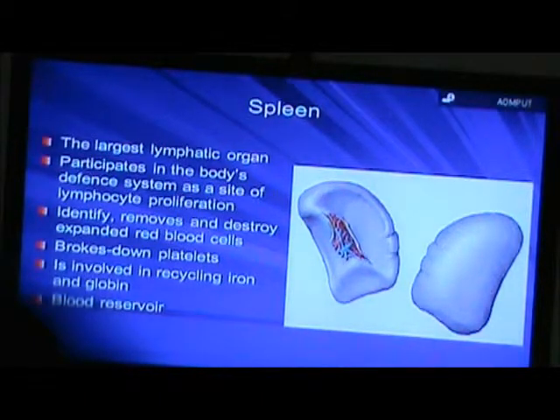And of course, during some diseases, when we have hemolytic anemias, or when we have a low level of platelets, sometimes we need to remove the spleen, because it produces some antibodies, and they destroy the red blood cells and the platelets.